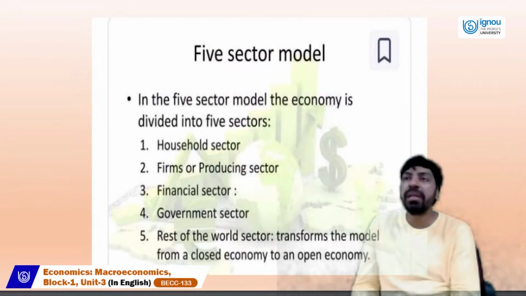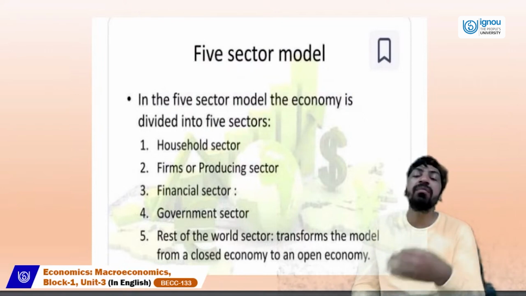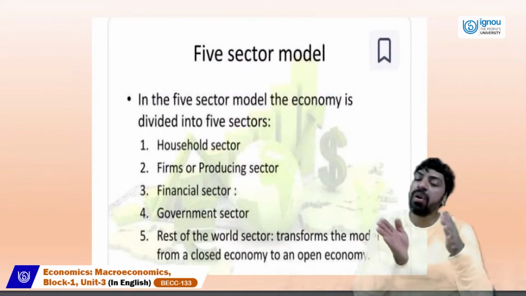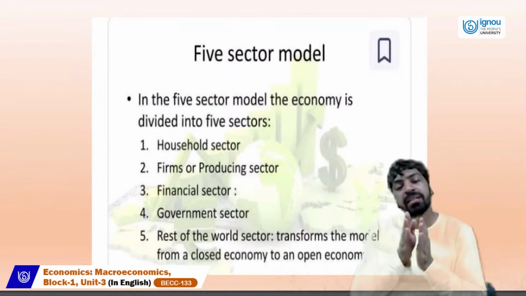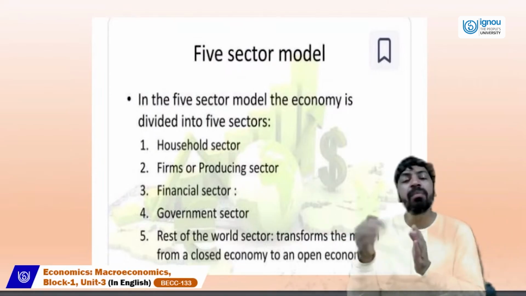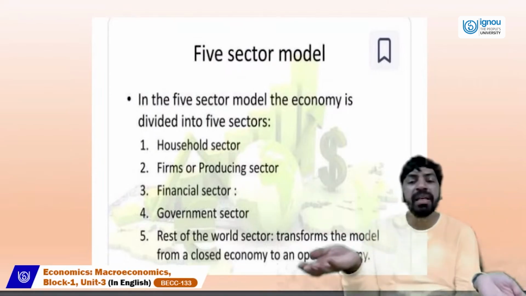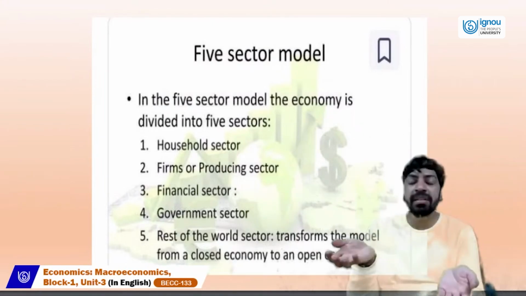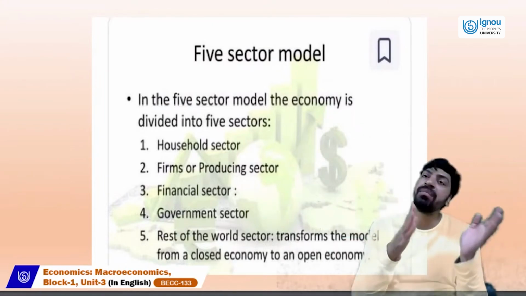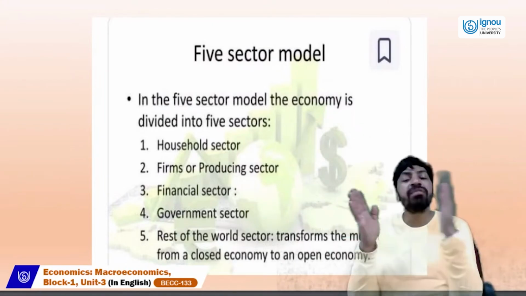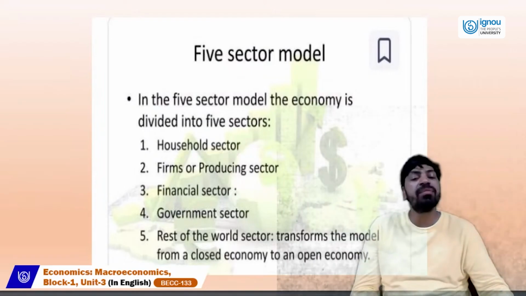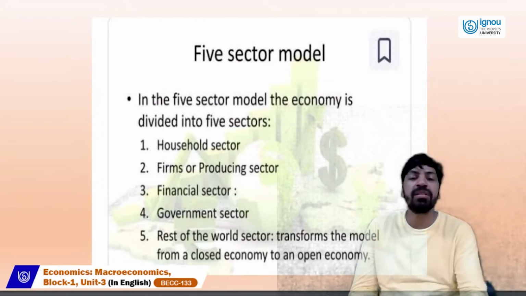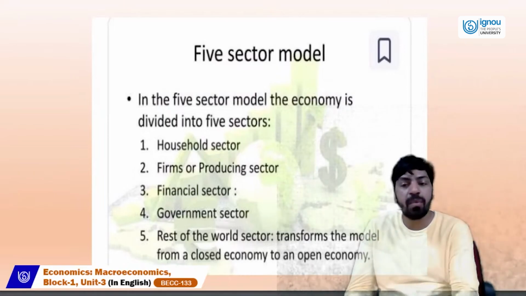Here we are talking about international transactions, where the model which was closed moves to an open economy, globally, to have international transactions, exports and imports with different countries, and that sector is called the rest of the world sector. So this is called the five sector model.